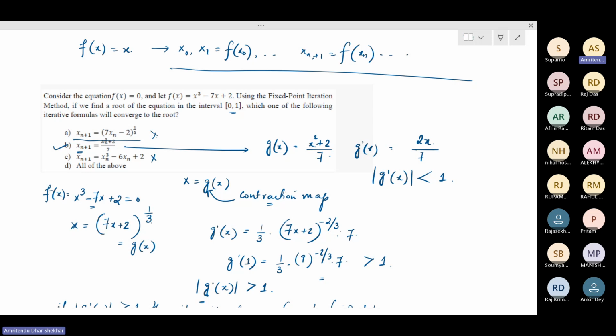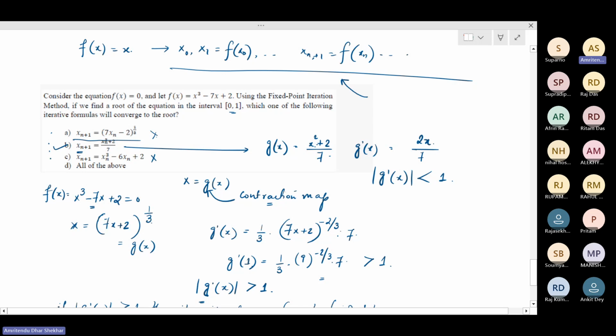The idea is that when you are given an equation, you express the equation as a fixed point problem, but there may be many ways to express the equation as a fixed point problem. So all these A, B, and C are fixed point formulations. But if you have any such fixed point formulation, it's not guaranteed that this particular iteration scheme will succeed.